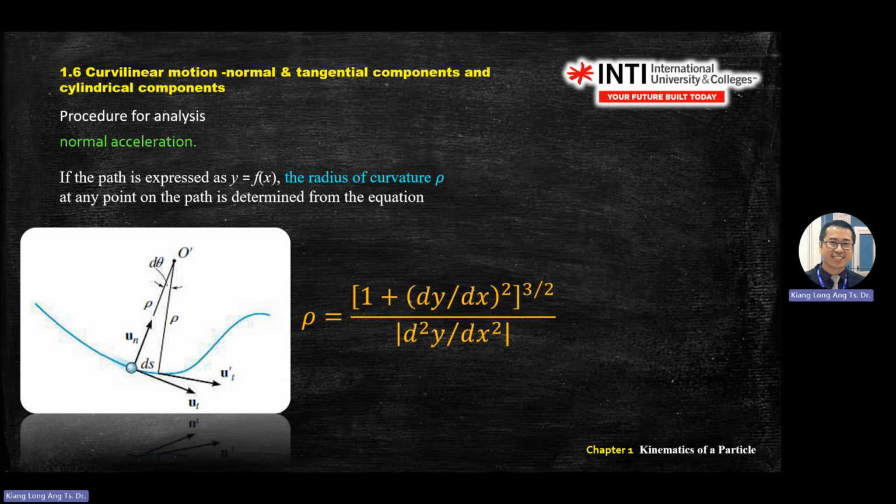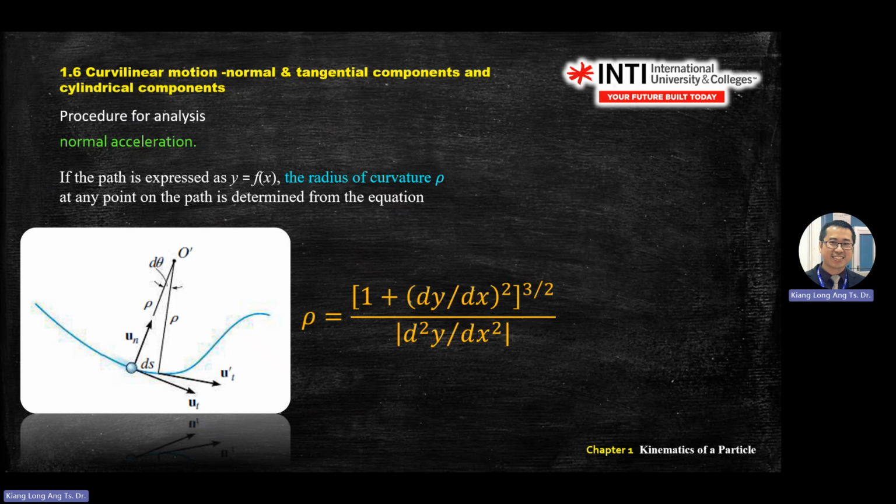You need to do dy/dx. Let's say y equals 3x squared plus 4. dy/dx, you get 6x. d squared y over dx squared is the double differentiation of this one, you get 6. Substitute 6x over here, substitute 6 over here.